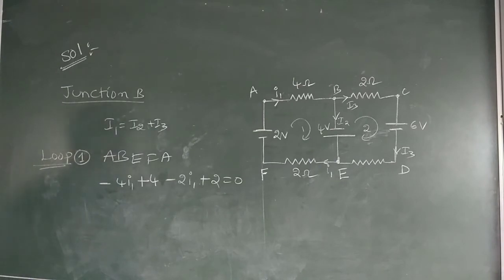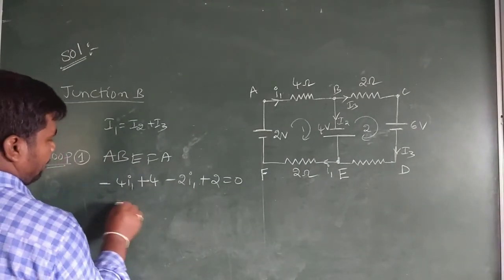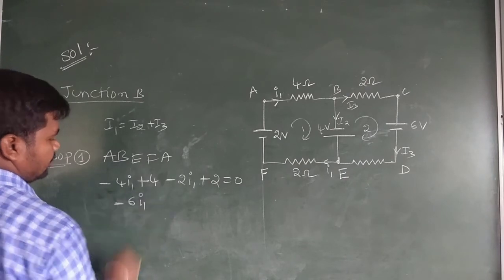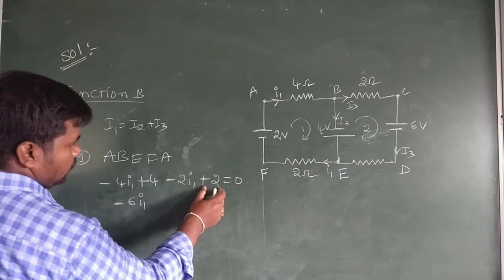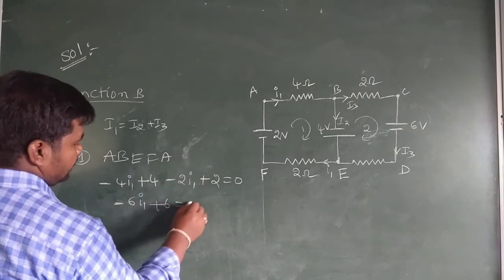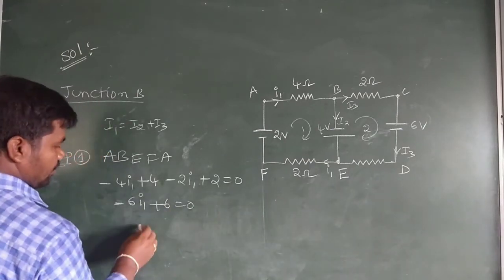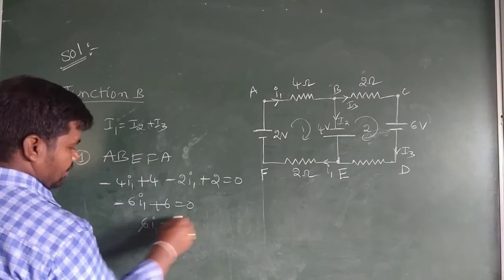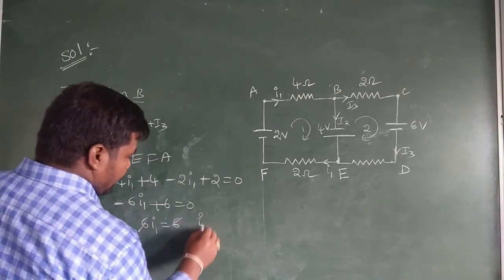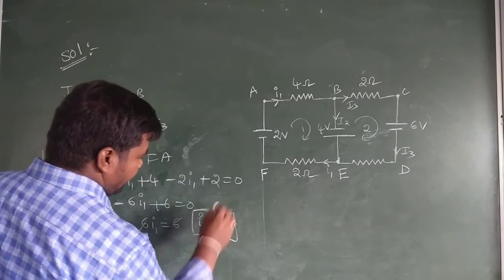So minus 4 I1 minus 2 I1 is minus 6 I1, plus 4 plus 2 is plus 6, equal to 0. Minus 6 I1 plus 6 is equal to 0, so 6 I1 is equal to 6, and I1 is equal to 1 ampere.